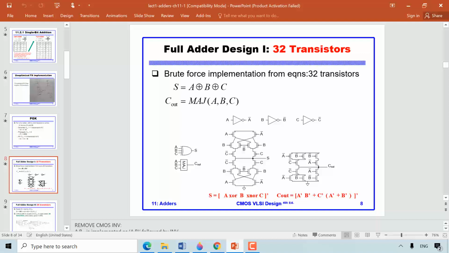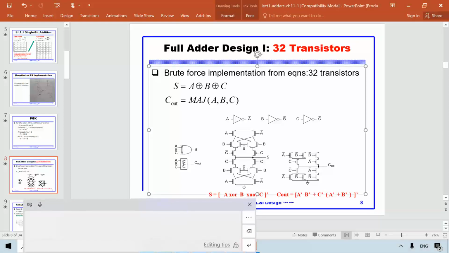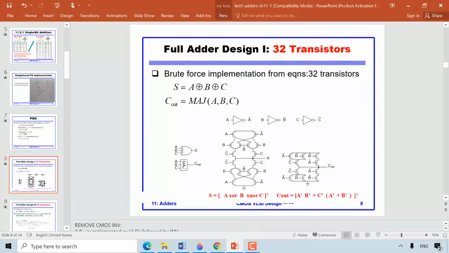Now how about Cout here? Again, Cout here is a more optimized expression. As we can see, it's AB, or C times (A prime or B prime). This is an expression that we can derive with a K-map or logical optimization.